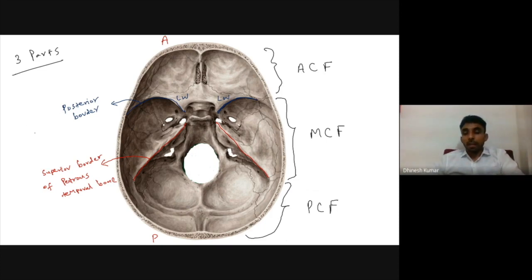Fine. So I hope you are clear about the three parts of the cranial cavity and how they are separated from each other.